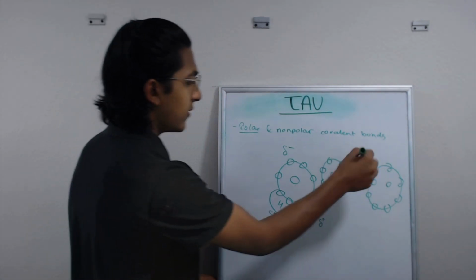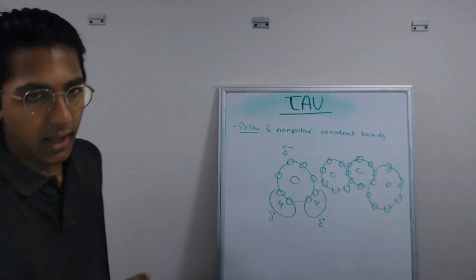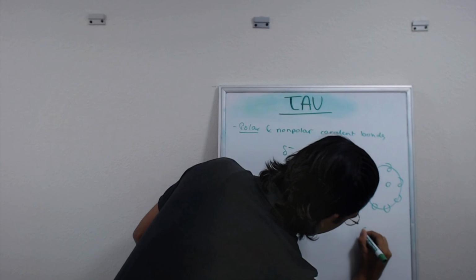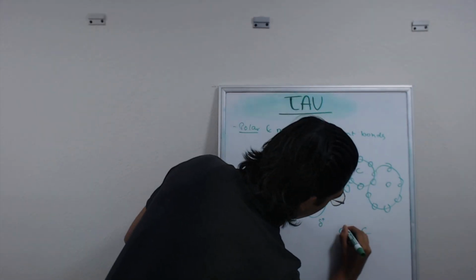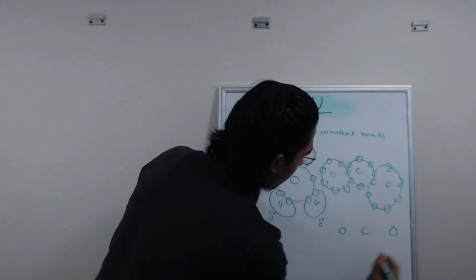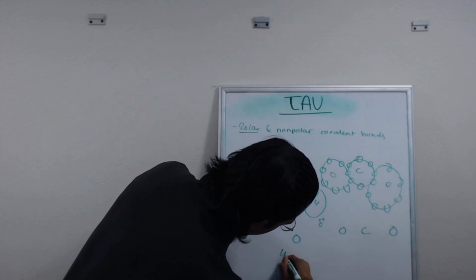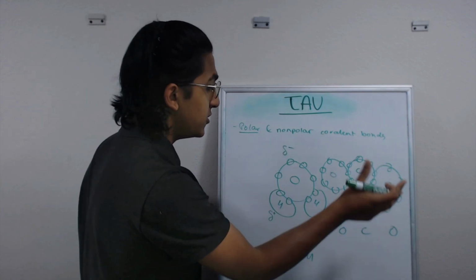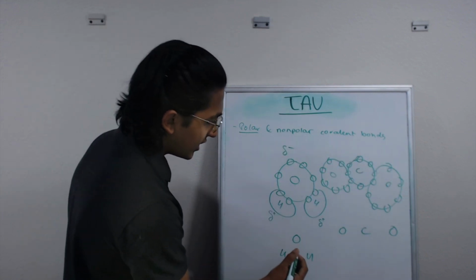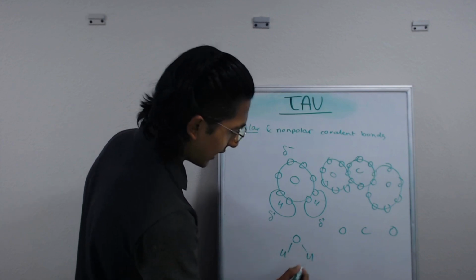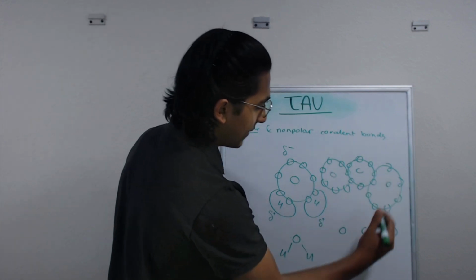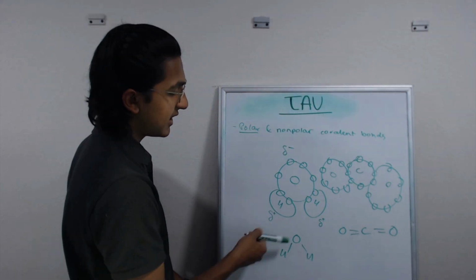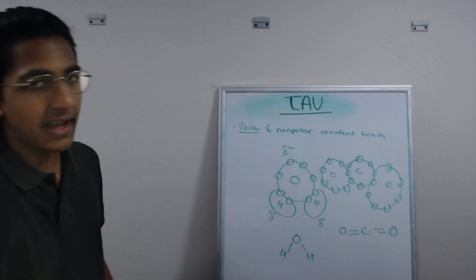The way you write these bonds is you have the name of the element, the shape of the molecule, and the number of electrons that the joining atoms give. Hydrogen each gives 1, so you just draw one line. Oxygen and carbon each share 2, so 2 lines. This is called a double covalent bond. This is a single covalent bond. It depends on how many electrons are shared.